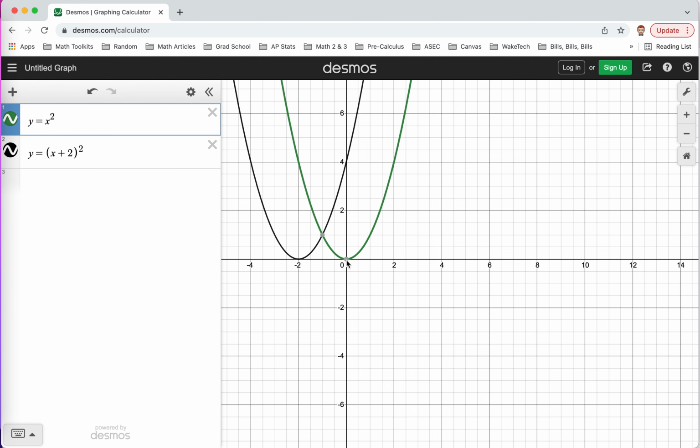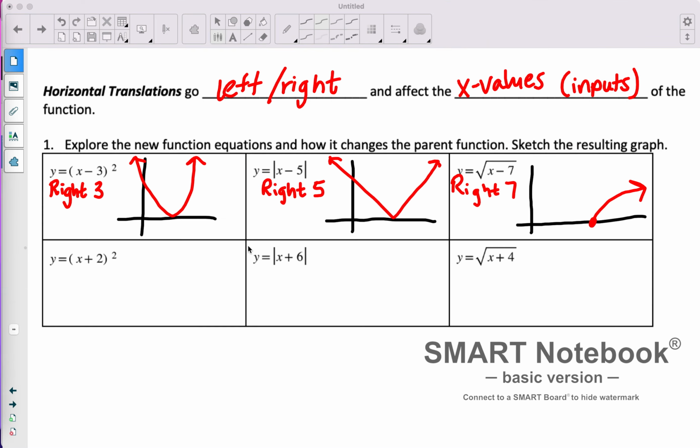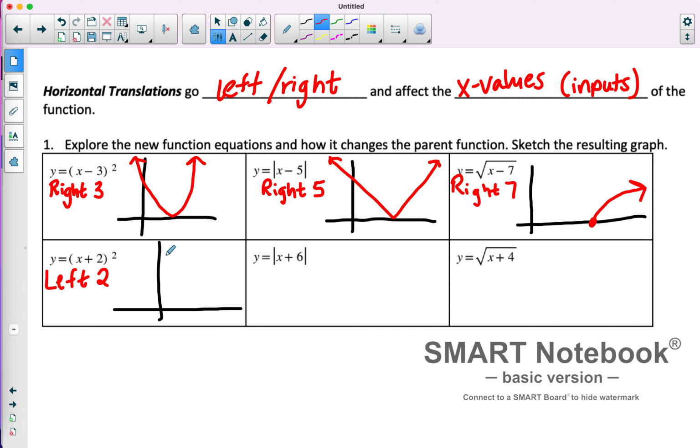And that has moved the parabola to the left 2. So that 0, 0 is now at negative 2, 0. So we went left 2, and we're just sketching it again. Not a perfect graph. But it looks like this.